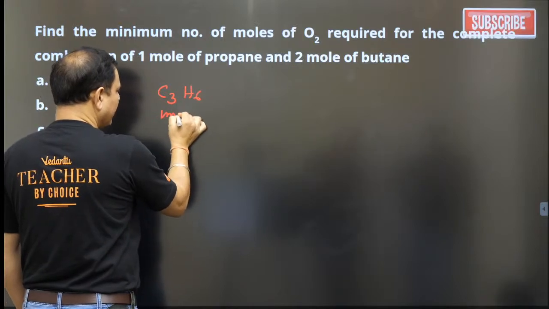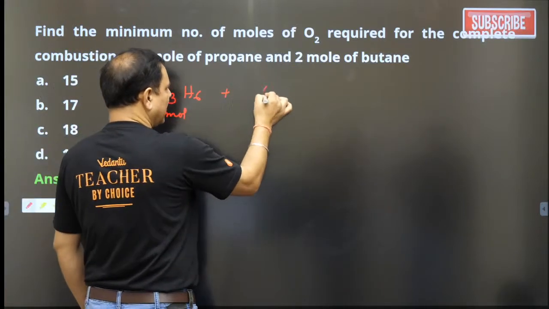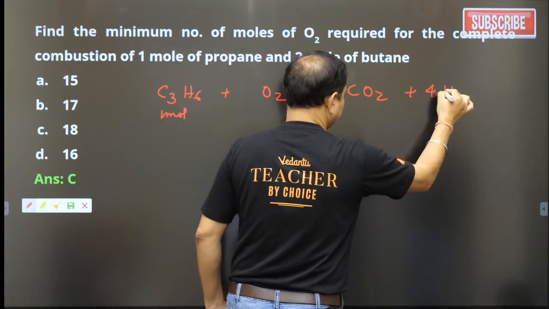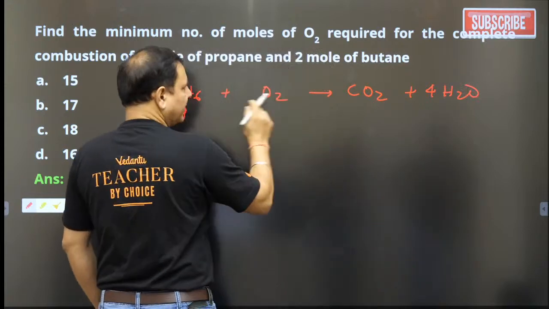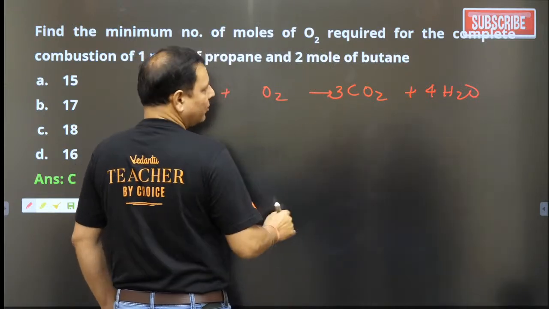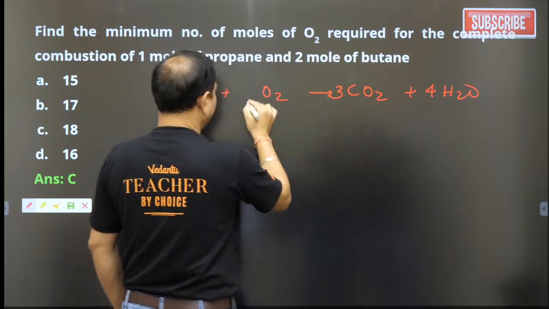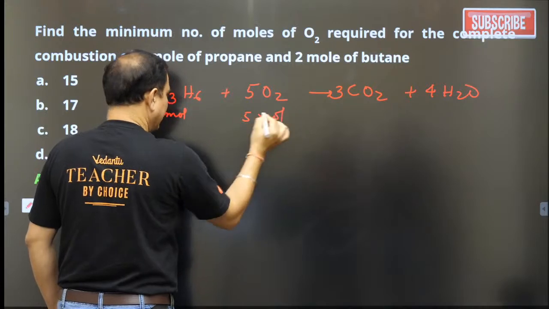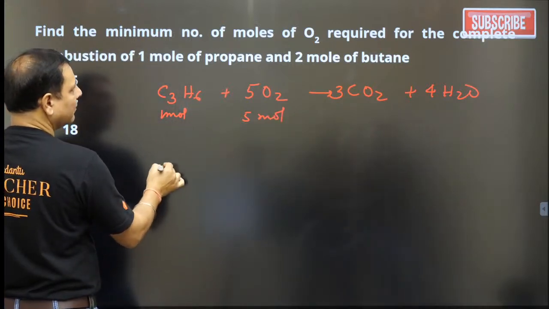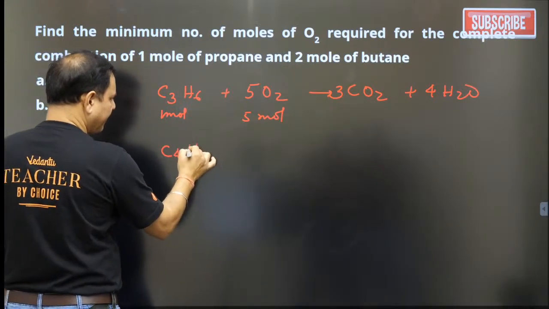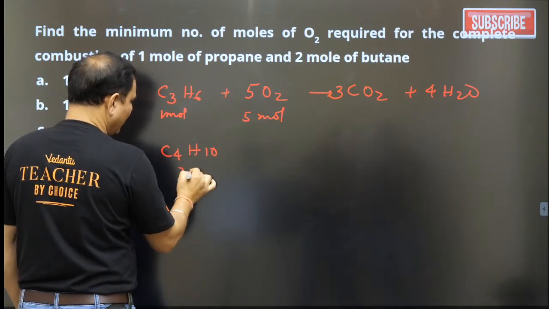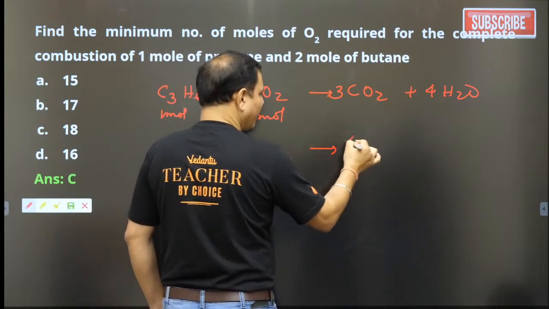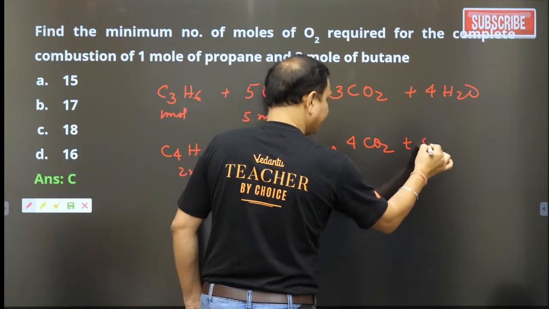Find the minimum number of moles of O2 required for complete combustion of 1 mole of propane, C3H8, and 2 moles of butane, C4H10.